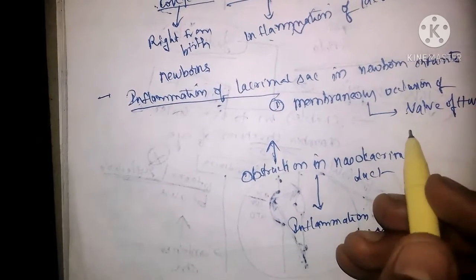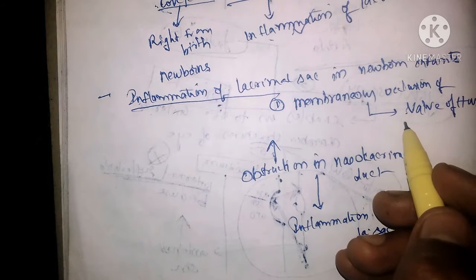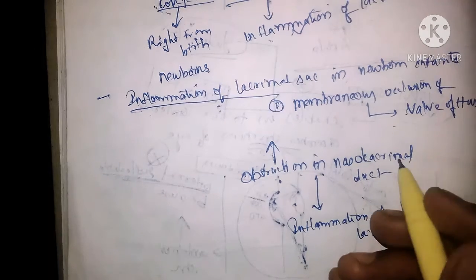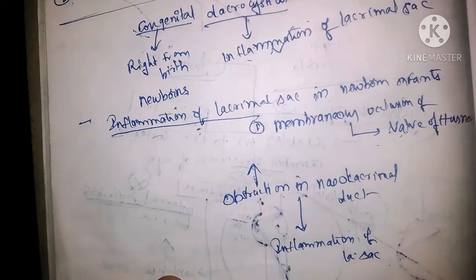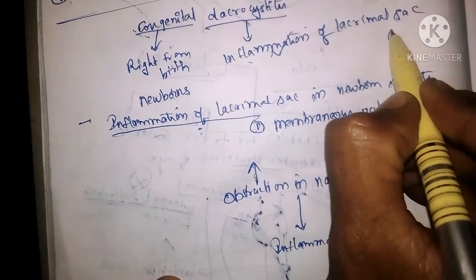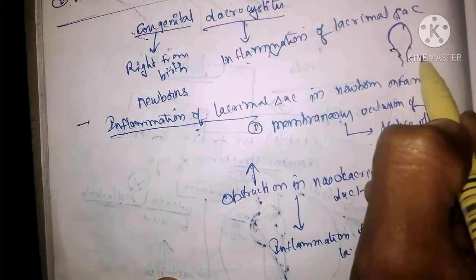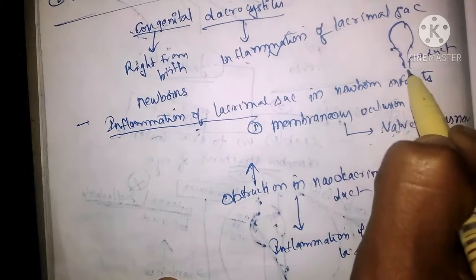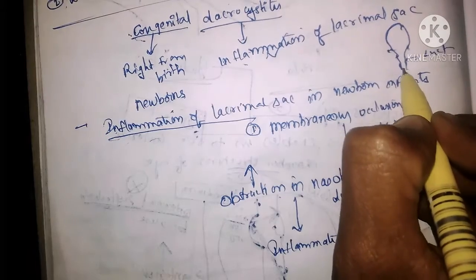Here we have to understand what the valve of Hasner is. This valve of Hasner is the valve present at the nasolacrimal duct. If this is the sac, the nasolacrimal sac, and this is the duct, then at the lower end you will find a valve.